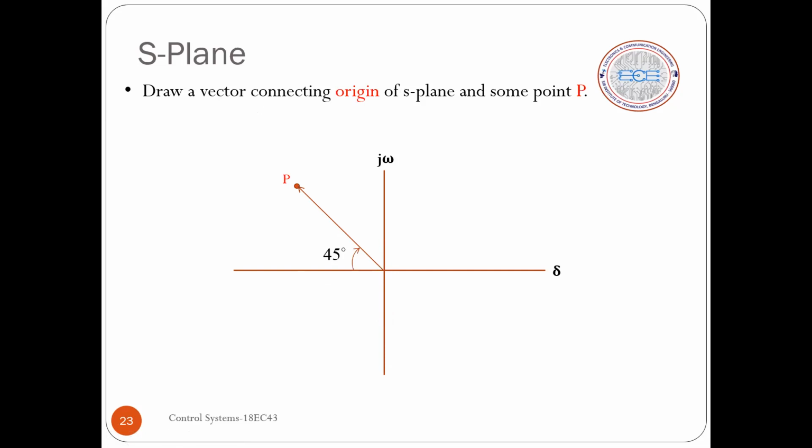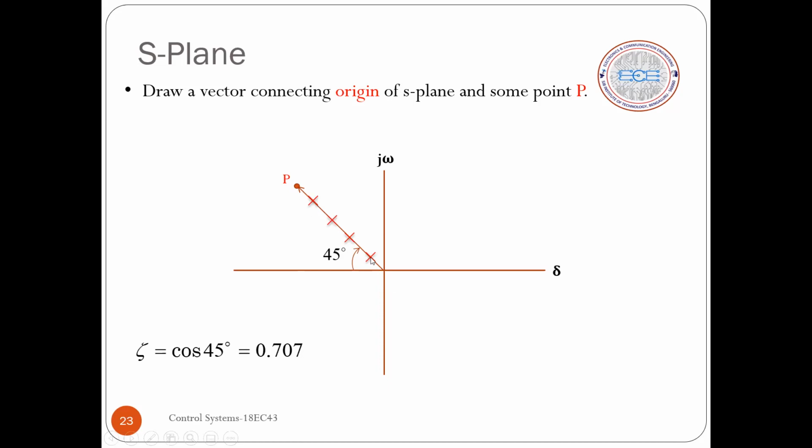Now I draw a line here, having a fixed angle of 45 degrees. Whatever poles lie on this line will have the same zeta, that is cos of 45, which is 0.707. I have taken four to five poles here.